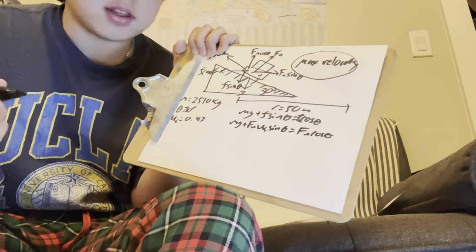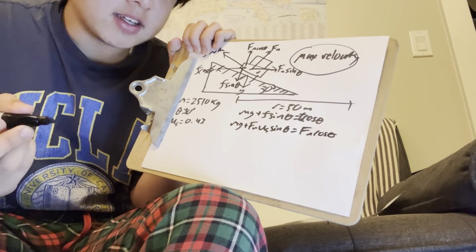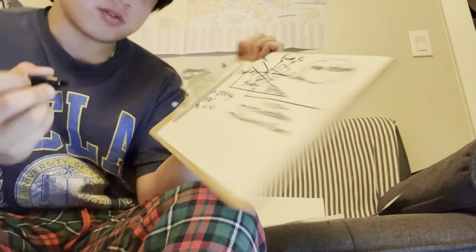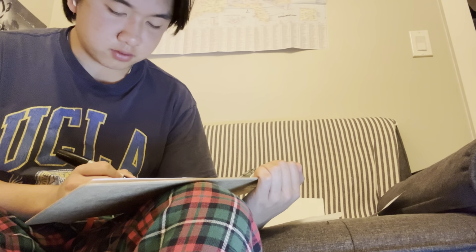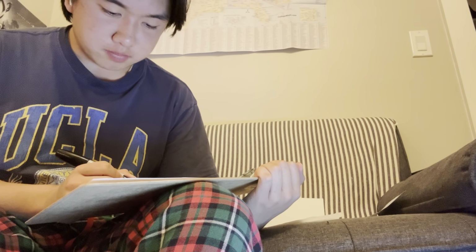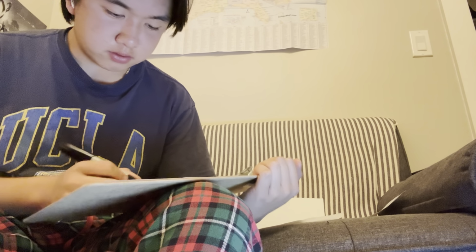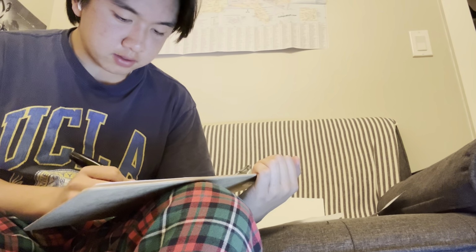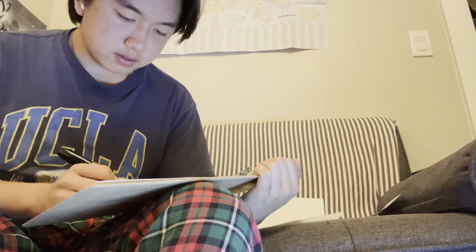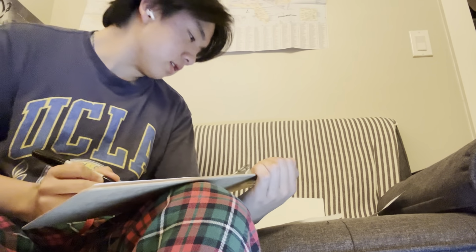Okay, so now that we have this equation, we can do some rearranging and dividing and some other stuff, and we can isolate our normal force. When we do that, we will get that our normal force is equal to mg over cosine theta minus mu s sine theta.